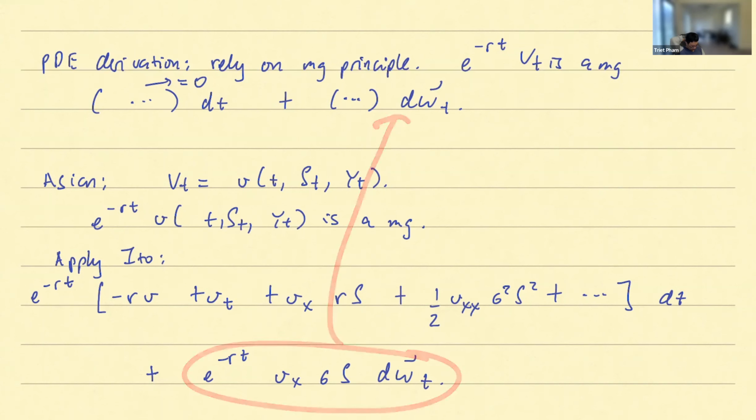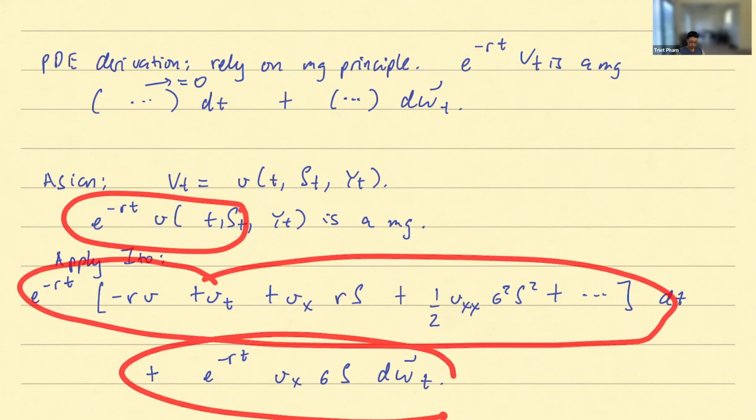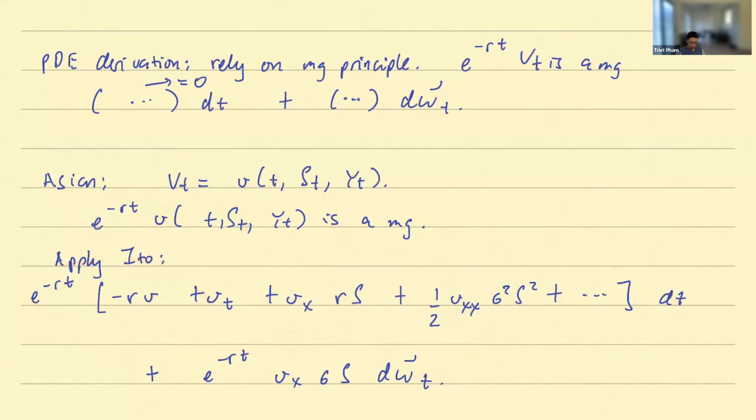So the point is that all of these that I wrote down come from these components. But now, for the Asian option, we have an extra dependence on the Y_t. So the Ito formula is no longer as simple as this.